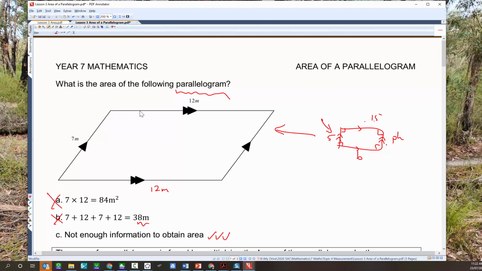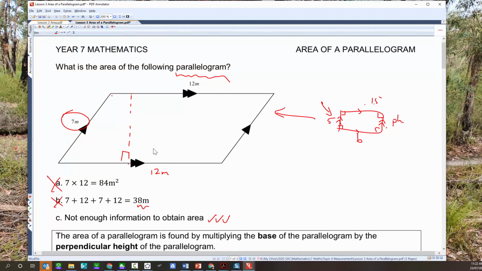The height of a shape runs at right angles to the base. So if this is the base, I need a line down here to tell me what the height is. Since I don't know what the actual height is, there's not enough information to obtain the area. So even though you were given this measurement here, that doesn't tell you enough information about what the height of the parallelogram is to calculate the area.